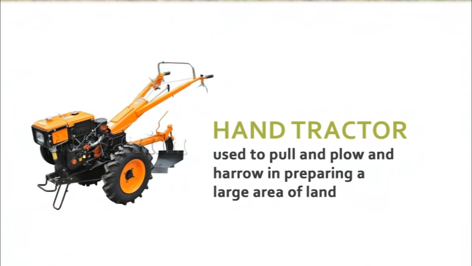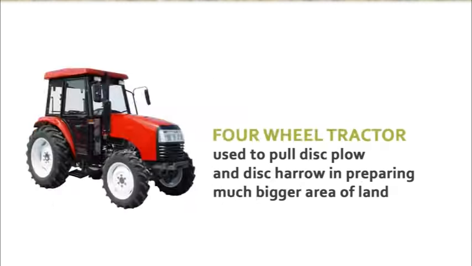We also have farm equipment. These are the machineries used in crop production. They are used in land preparation and in transporting farm inputs and products. These equipment need a highly skilled operator to use. Hand tractor is used to pull and plow, and harrow in preparing a large area of land.